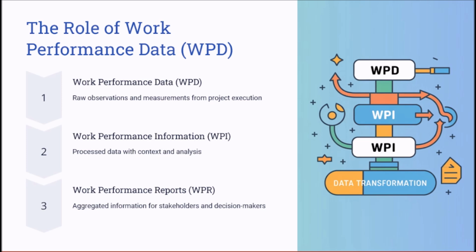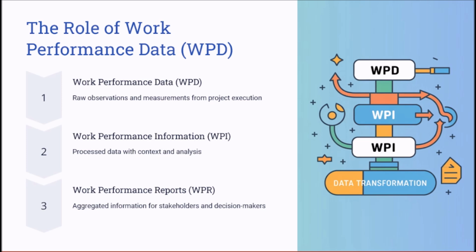The work performance information is used mainly to compare the baseline with the work performance data, and it is mainly used in the monitoring phase. Finally, the work performance report, or the WPR, aggregates all of this information into formats suitable for the stakeholders and decision makers.